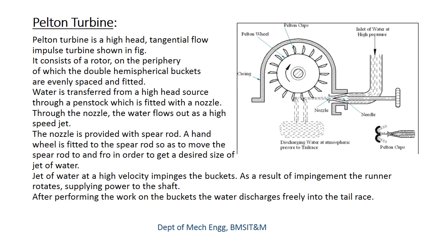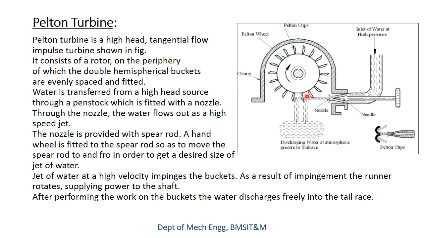Because of the nature of the impact force of the water, this type of turbine will fall under the impulse type of turbines. Next, the water is made to flow perpendicular to the Pelton cups, so the flow of water in this type of turbine is tangential in nature.